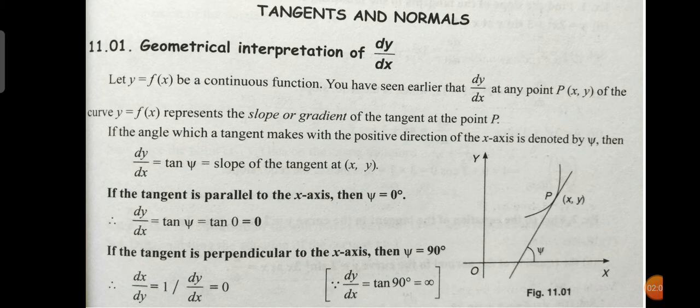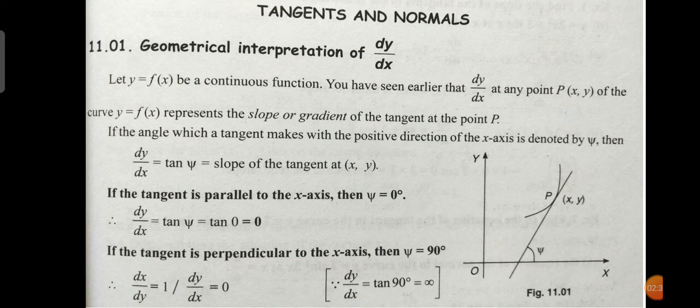The geometric representation of dy by dx: let y is equal to f of x be a continuous function, and you have seen that dy by dx at any point P of x, y of the curve y is equal to f of x represents the slope or gradient of the tangent at the point P.